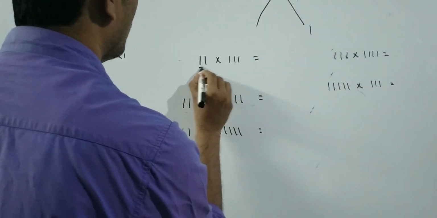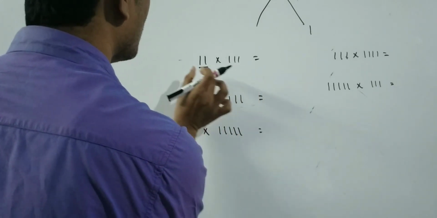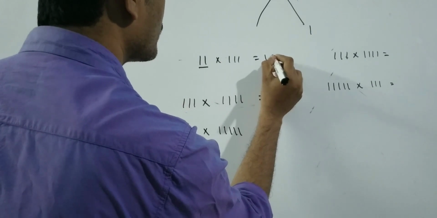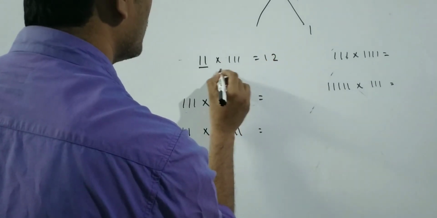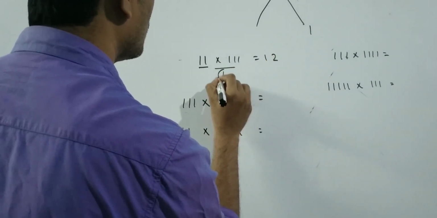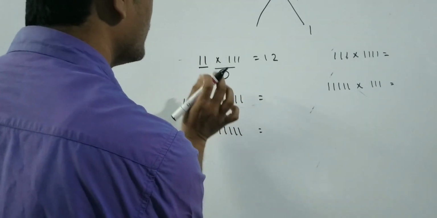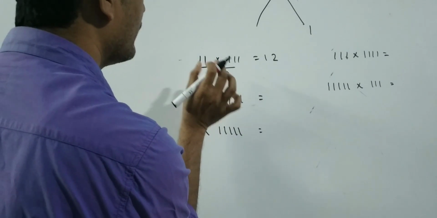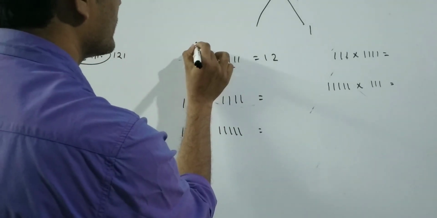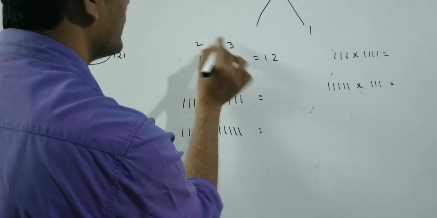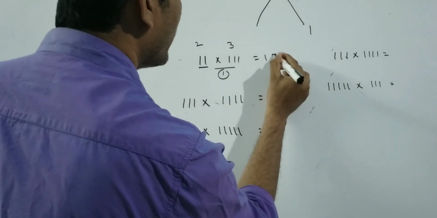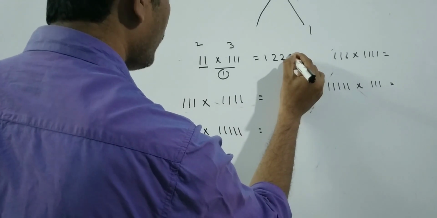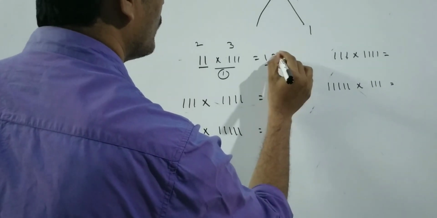See friends, here 2 digits, here 3 digits. So the fewer digits is 2. We write the first two numbers. Then what is the difference between these two? 1. The difference is the difference between the number of digits. Here 2 digits, here 3 digits. The difference is 1, so again we write this 2 one more time. Then 1, 1, 2, 2, 1.